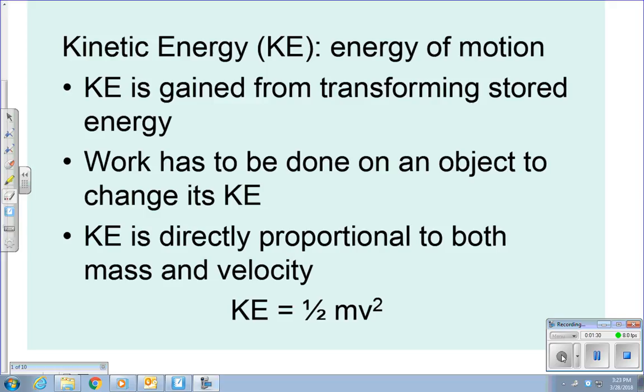So, in order to change an object's energy, and this says it's kinetic energy, but really the same holds true for any kind of potential energy. In order to change its kinetic or potential energy, work has to be done on an object.